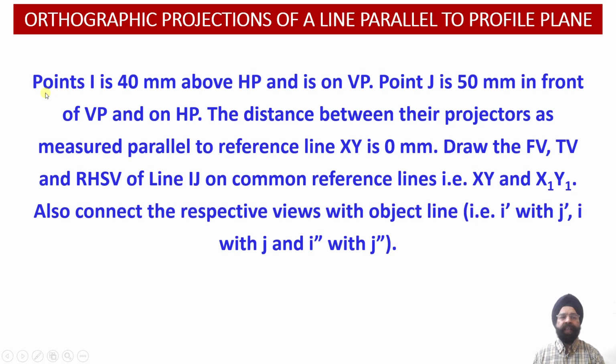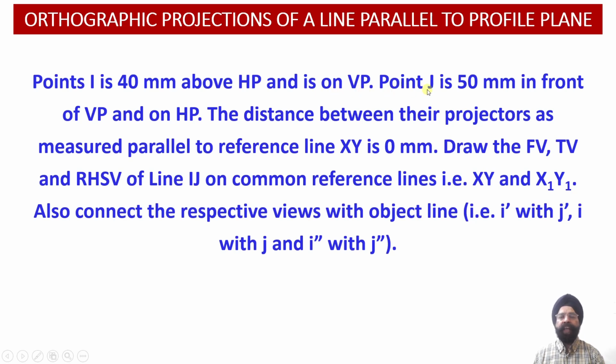Points I and J are the 2 points which comprise line IJ. It is lying parallel to the profile plane. The point I is 40 millimeter above the horizontal plane, and it is lying on the vertical plane.